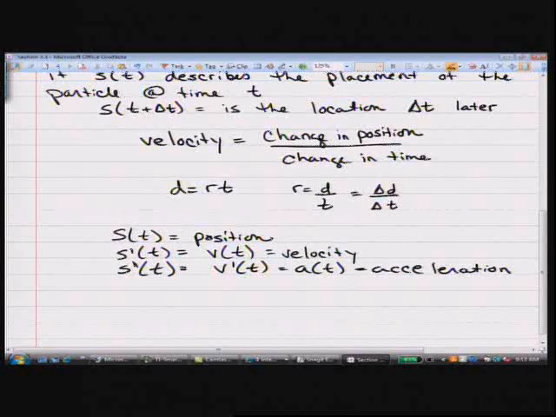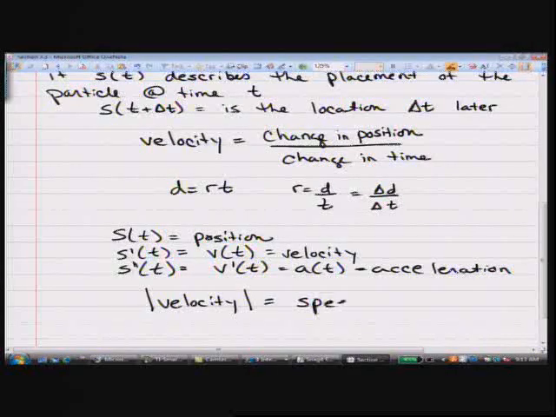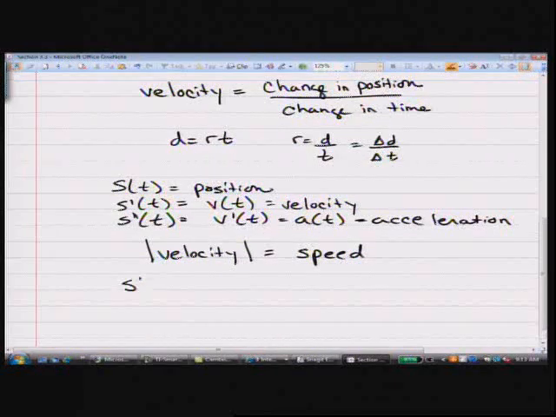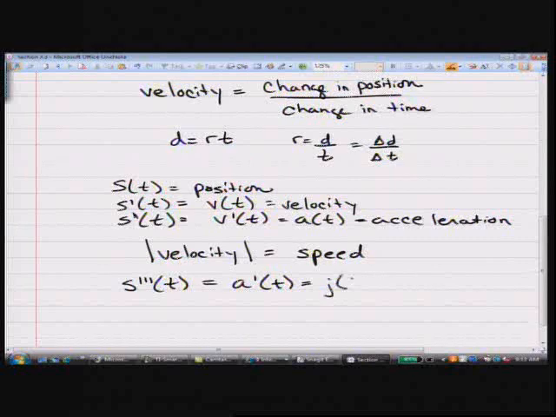And then if we take the absolute value of the velocity, that is speed. So speed is a scalar quantity. It doesn't have direction. And then you also have S triple prime of t, which is a prime of t, or v double prime. And this is what we call jerk. I guess you could call it J of t, although I've never seen it written that way.